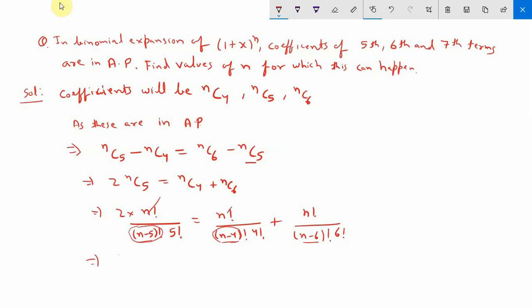n factorial will get cancelled out from both sides.